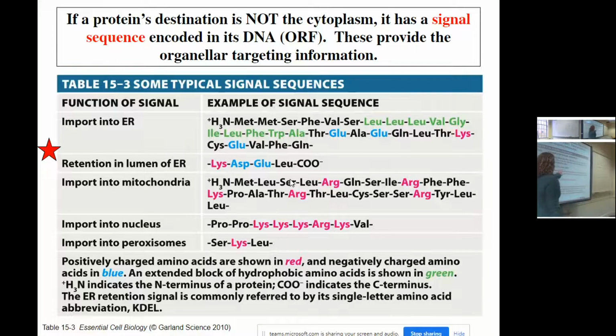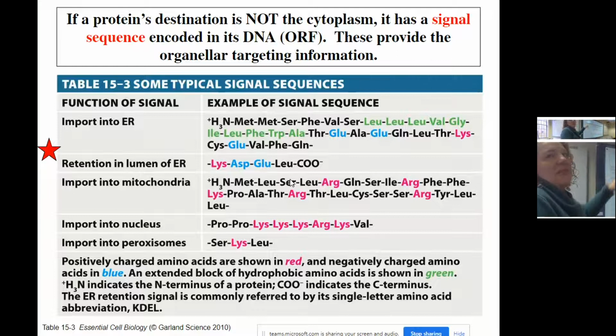Those are denoted on here when you see COO minus. That's the carboxy terminus, the C-terminal end of the protein. If a protein has this particular type of tag, it tells the protein to stay in the ER, and not go elsewhere.